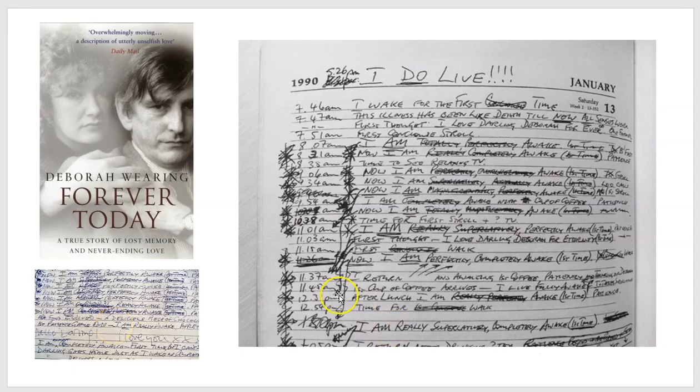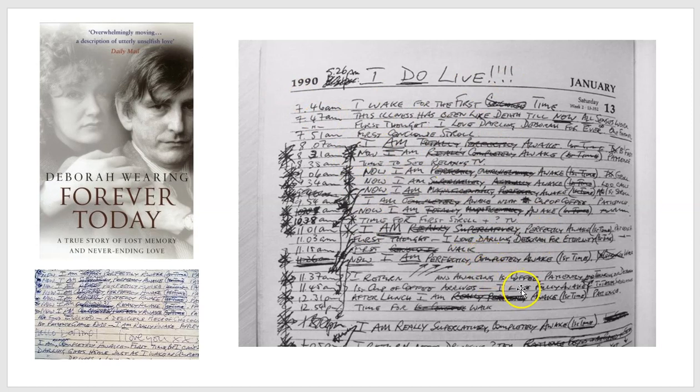We can see the tragic consequences of Clive's viral infection in some of the pages of his diary. His wife wrote a touching book about their relationship. When he was in the hospital, he started to write in a diary, and the entries are fascinating.